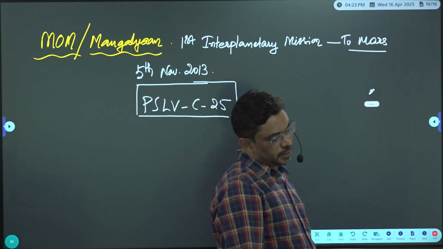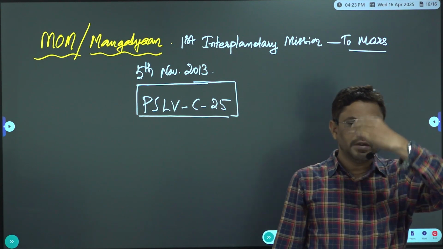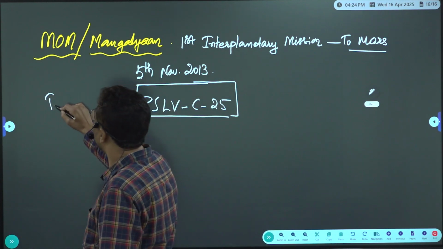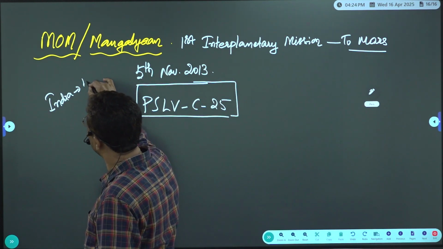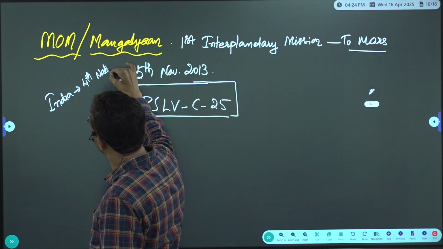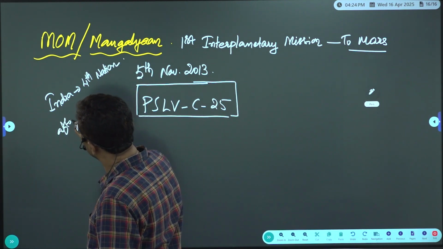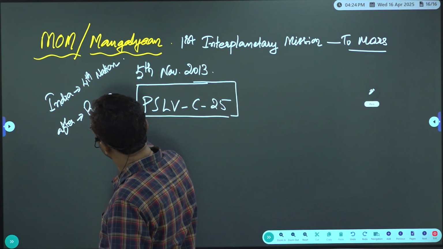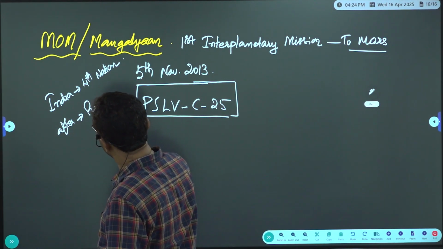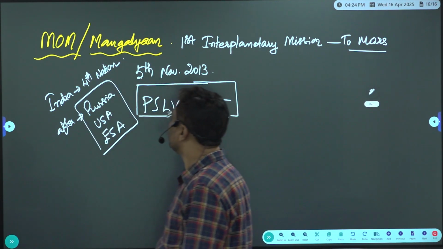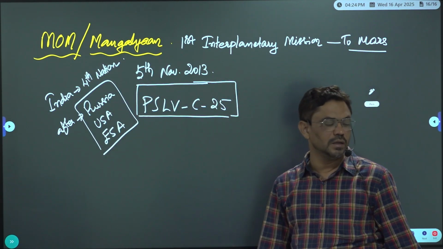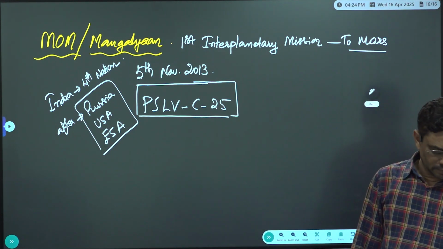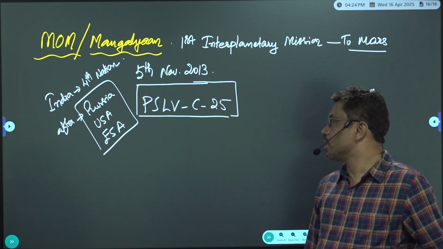So with that, India became the fourth nation to reach Mars, after Russia, USA, that is NASA, and ESA, the European Space Agency.